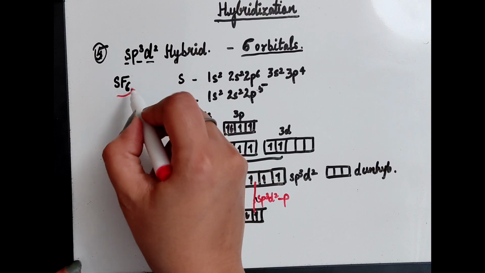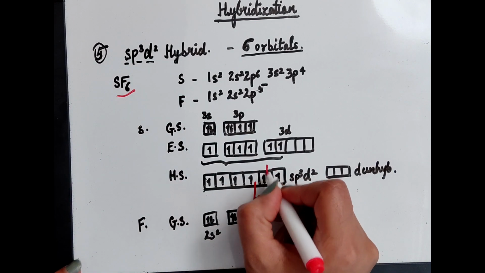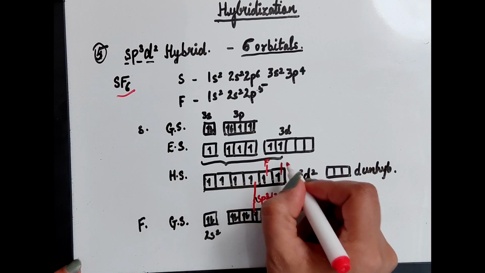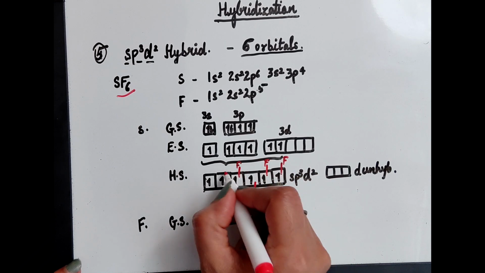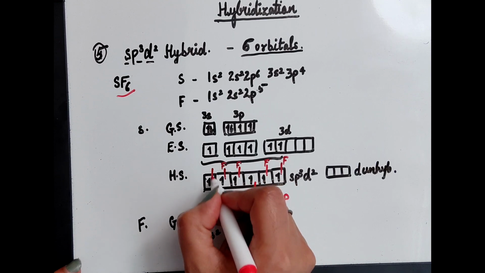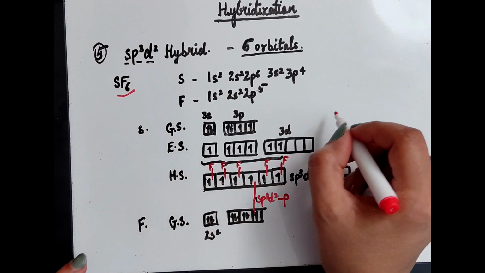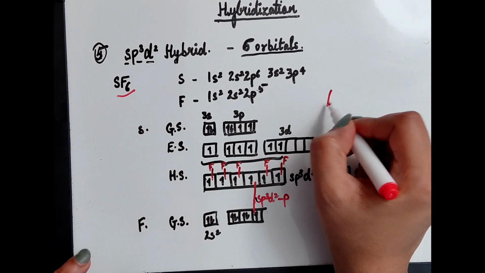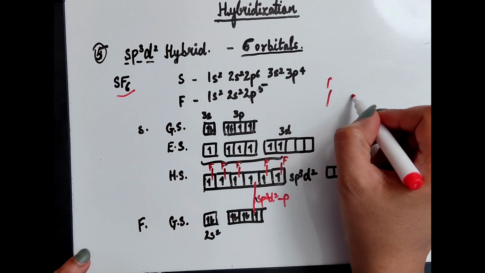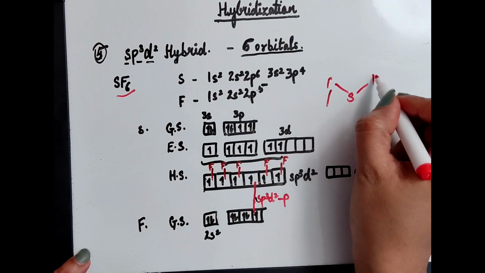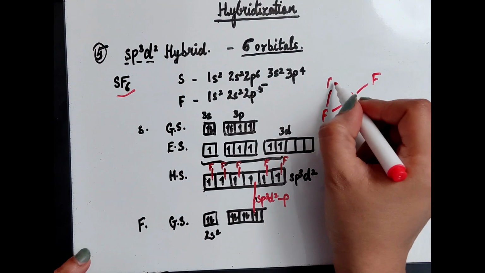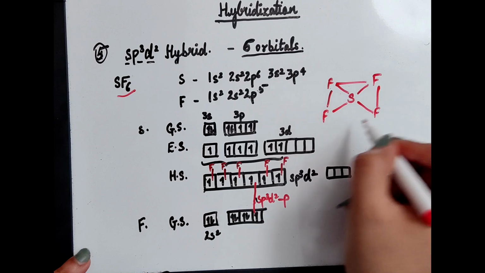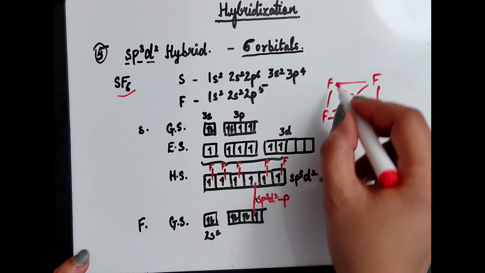So like this, since we have 6 fluorine atoms, each fluorine will bond with the sp3d2 hybrid orbitals of sulfur, and this will make a structure. This is sulfur, and these are fluorine. Now this is your equatorial plane.